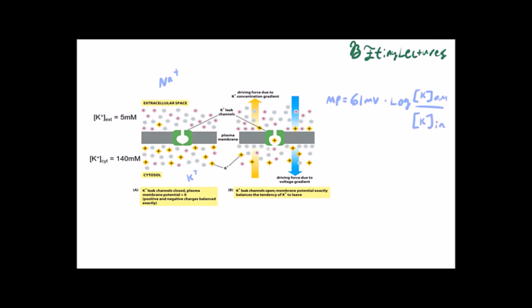Now within a cell, there is more potassium inside. So this number, let's say, is going to be a very large number. Let's say that it is the log of 10,000. And let's say, hypothetically, that there is only one potassium ion outside of the cell.